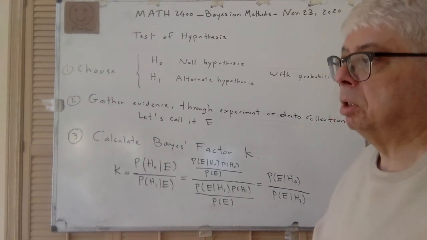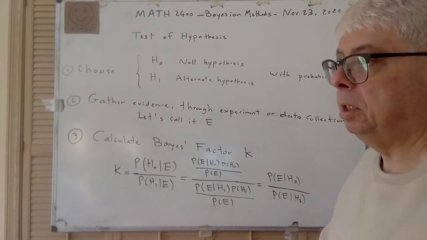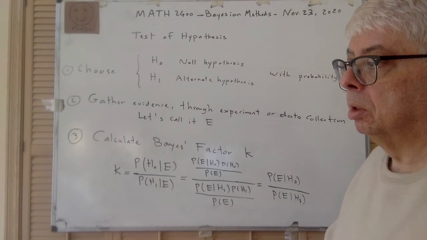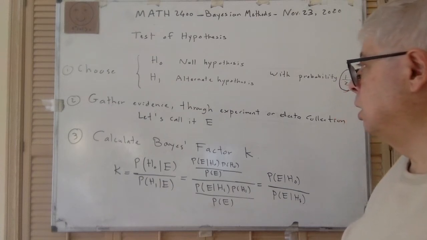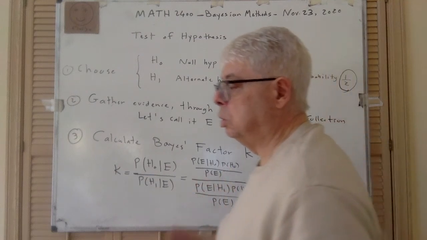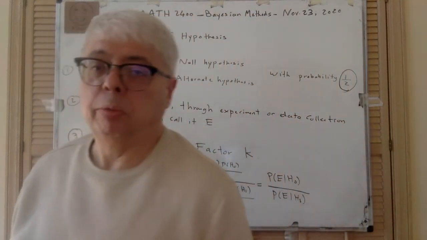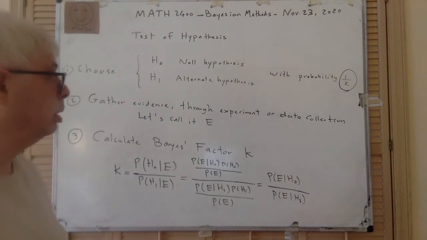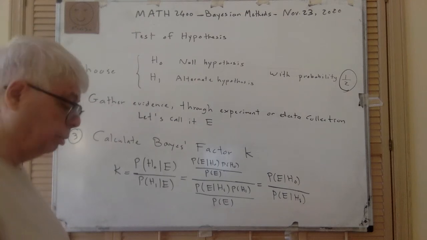I mean, there is enough evidence to say that H0 is acceptable. You might even use the terminology used for the other type of hypothesis testing and say we accept or reject H0, or we reject H0 in favor of H1, or we accept H0.